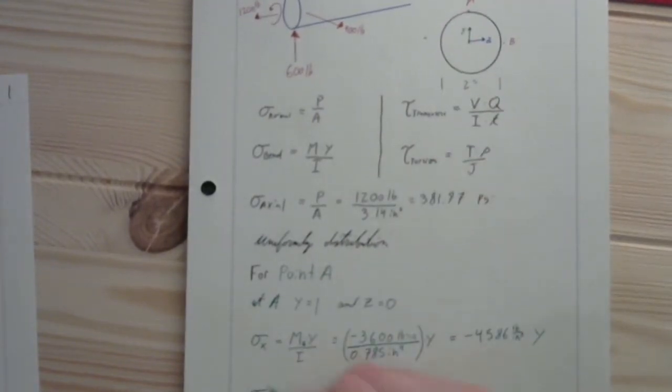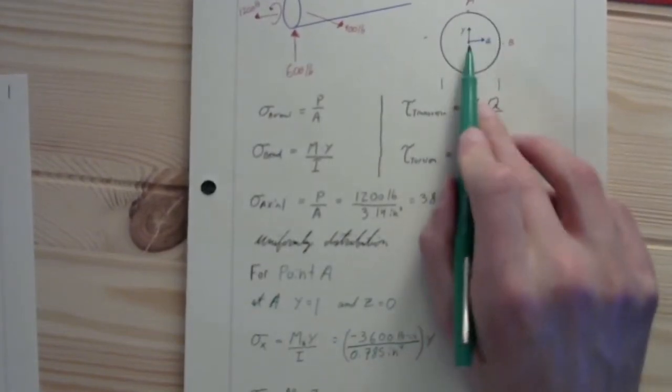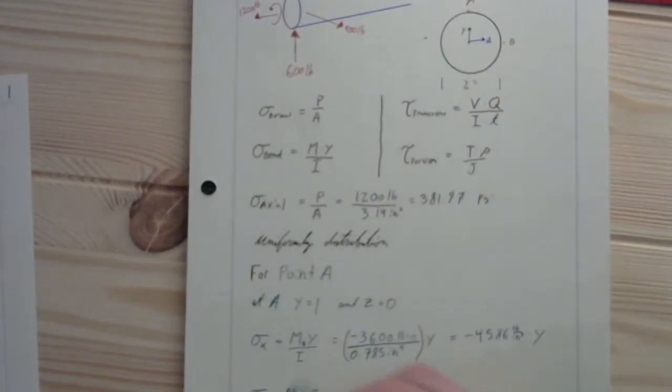The normal stress in the x direction due to the moment about the y-axis is going to be the moment about the y-axis times your distance in the z direction divided by the second moment of inertia.